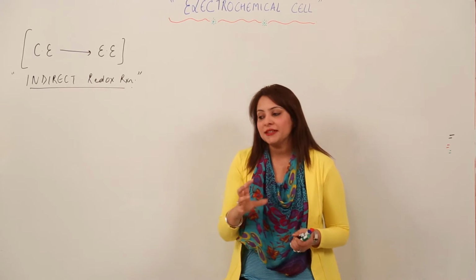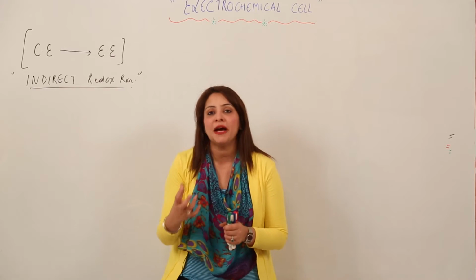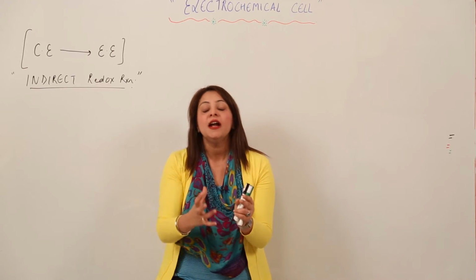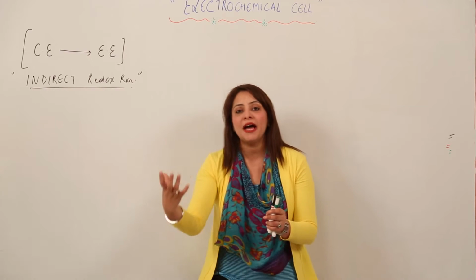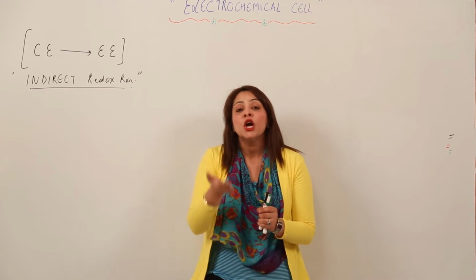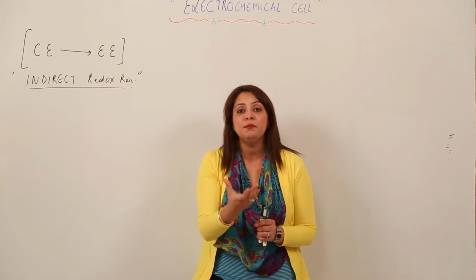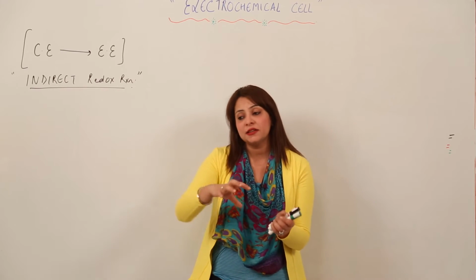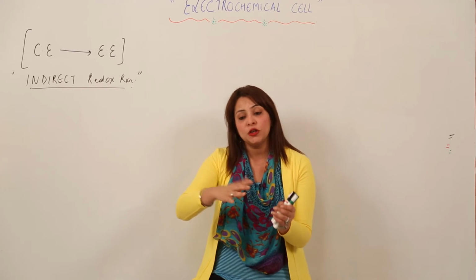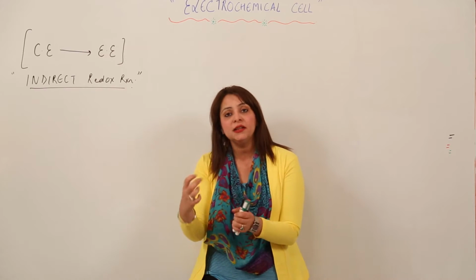But earlier we were doing the redox reaction in a direct manner. That means we were taking a beaker, and in the same beaker some atom was losing an electron and some atom was gaining an electron. Oxidation and reduction were taking place in the same beaker, and the electrons given by one atom remained in the beaker and were taken up by some other atom.